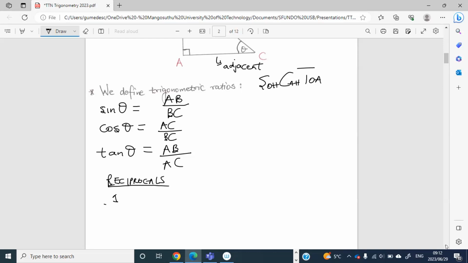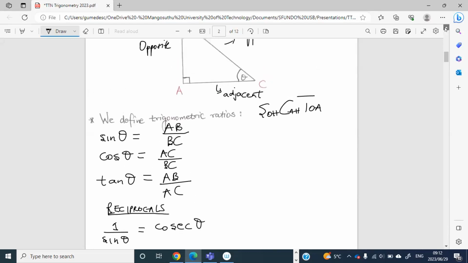So 1 over sine theta is called cosec theta. So cosec is a reciprocal of sine. In fact, instead of saying sine is AB over BC, you can just say cosec theta is BC over AB. You can just swap like that because it's a reciprocal.